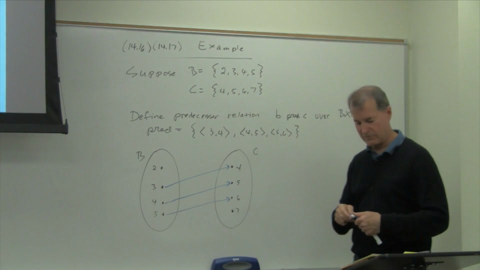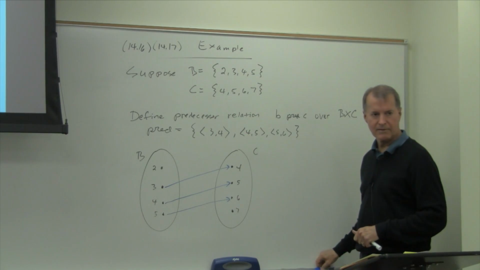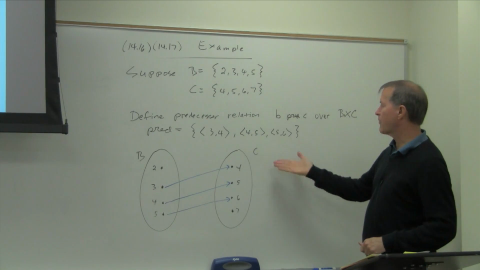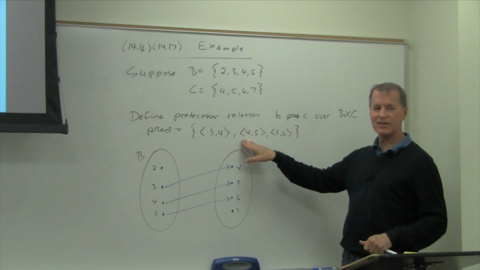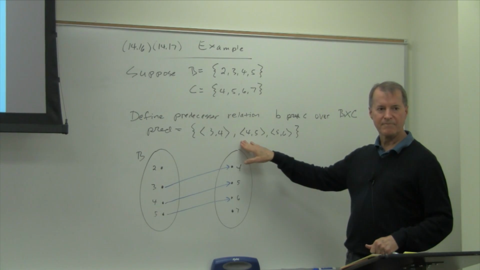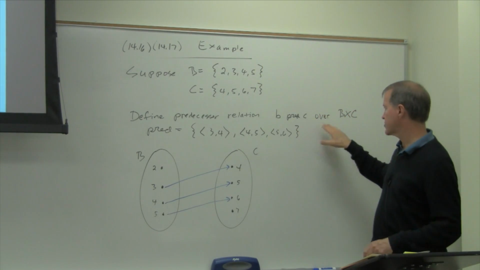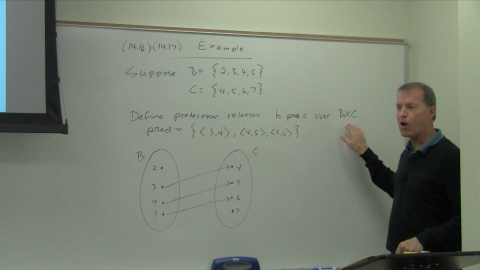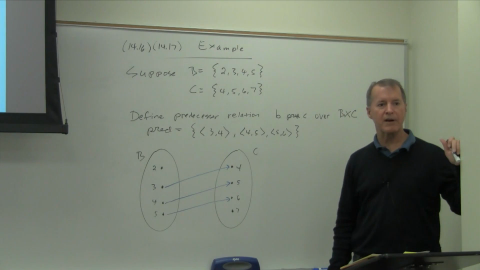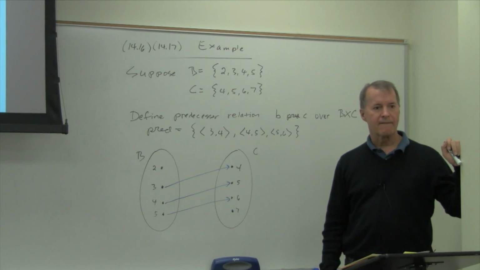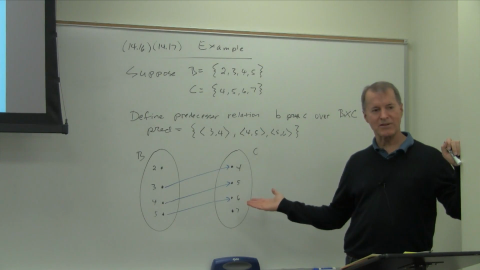That's how we draw relations over cross products. This is how we illustrate this relation. All relations are relations over a cross product. All relations are sets of ordered pairs. This is yet another way to illustrate a relation.